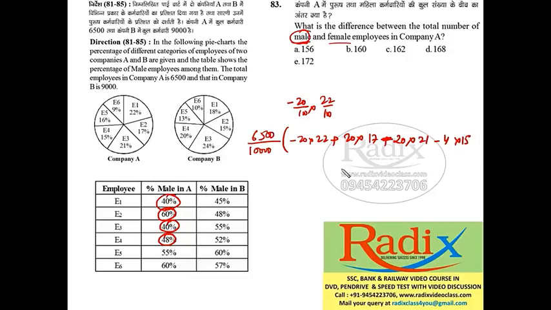Then 55 male are more, 10% of 16. And then finally 60 male are more, 20 into 9. See, if we get a positive value, that would be our answer. If we get a negative value, we will neglect the negative sign and our answer would be without minus, because we have to calculate the difference.